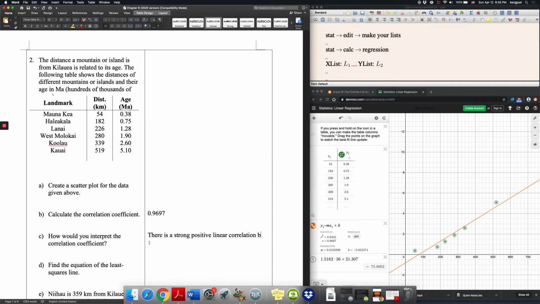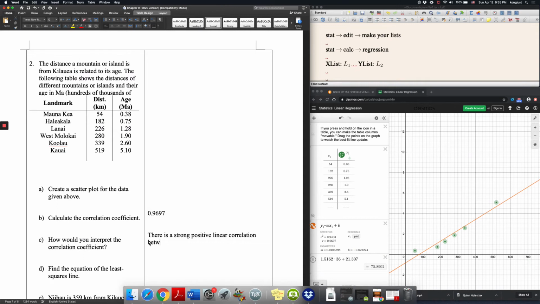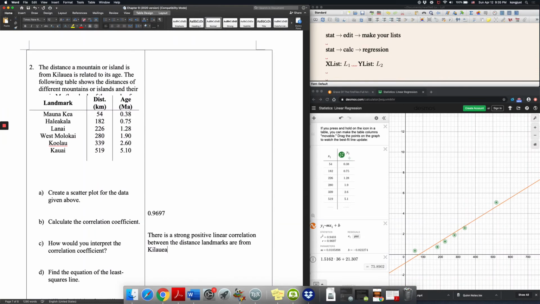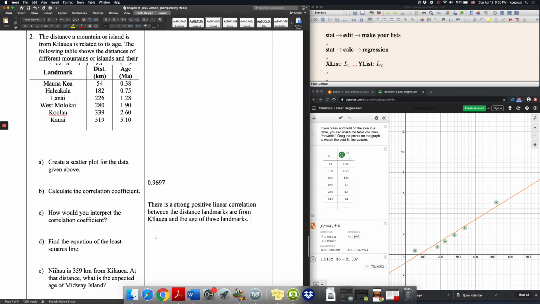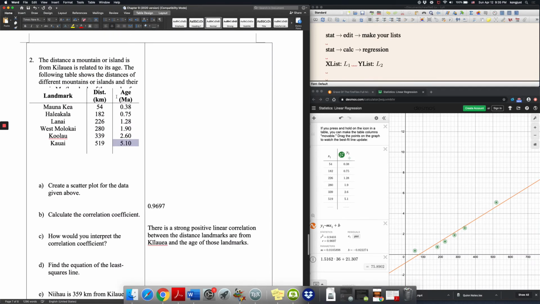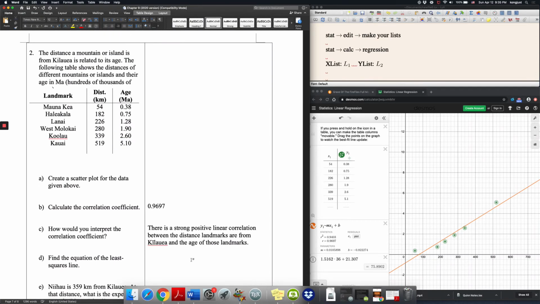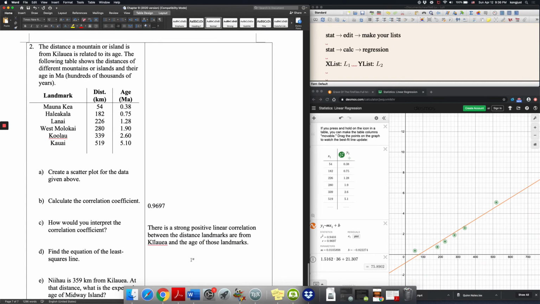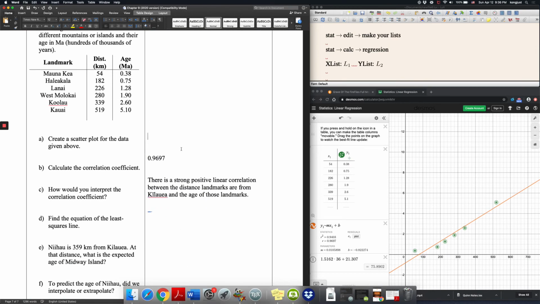And to be more specific, between the distance landmarks, let's just say, are from Kilauea and the age of those landmarks. Formatting's weird here, sorry about that.